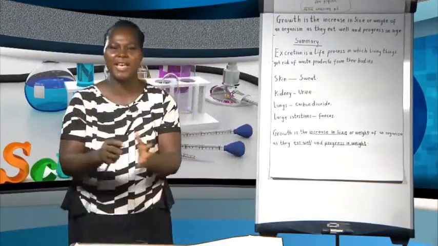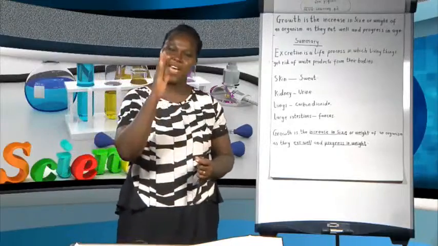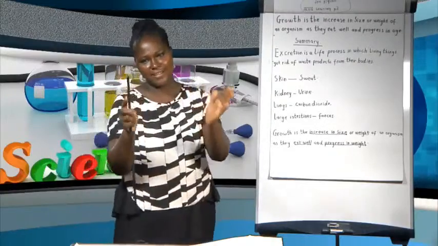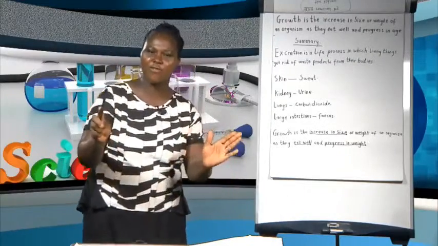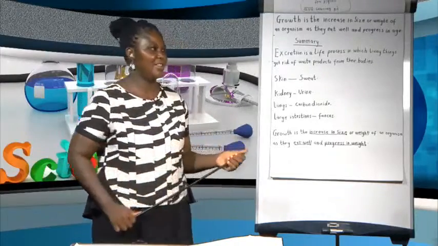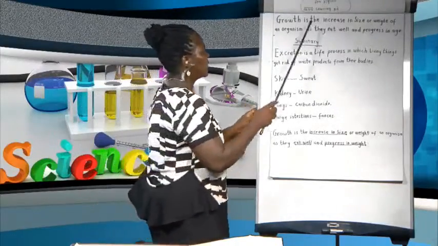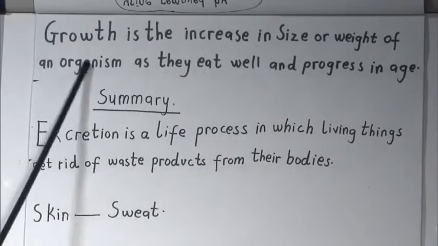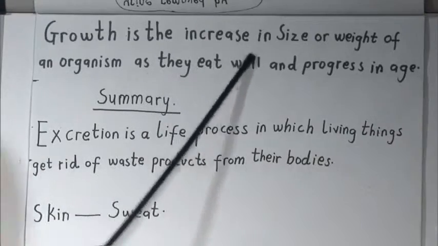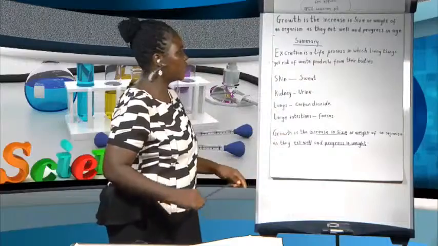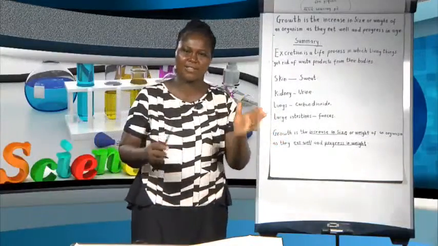You were born like a baby, and you ate and ate, and you have grown like this. You were a baby. And we said growth is the increase in size or weight of an organism as they eat well. So you have to eat well.